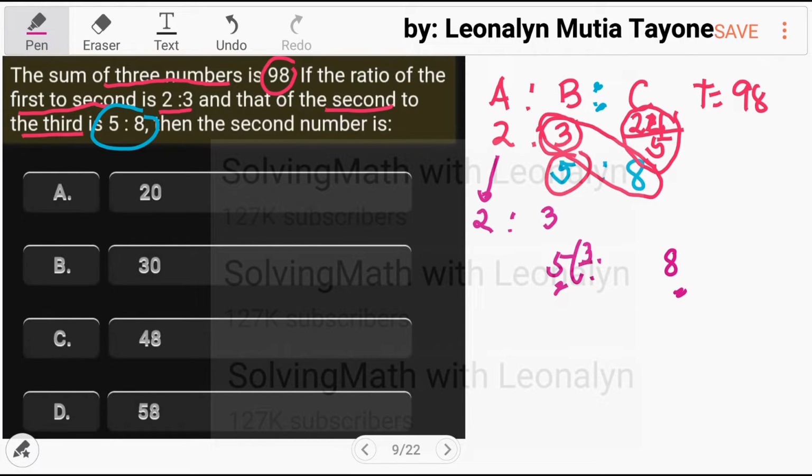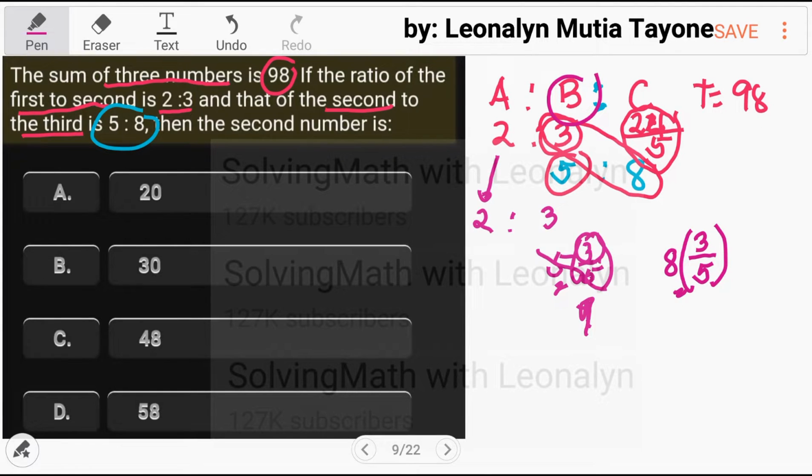Bakit 3 over 5? Para ma-cancel out natin si 5 dito at i-keep natin si 3 sa ratio dito sa B natin. Kung nag-multiply ka ng 3 over 5 dito, ganon din ang gagawin mo dito. Mag-multiply ka rin ng 3 over 5.